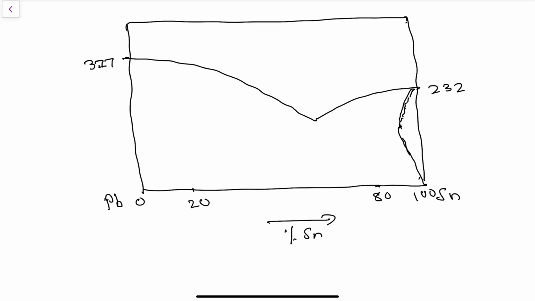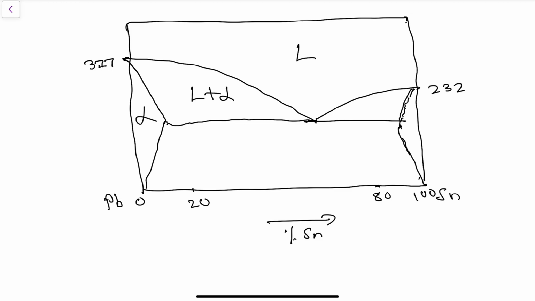So this is the liquidus and the solidus lines. Here you have liquid, and it is liquid plus alpha. Here you have alpha, liquid plus beta, it is beta, and it is alpha plus beta here. So this is just a rough sketch of the phase diagram of lead and tin alloy.